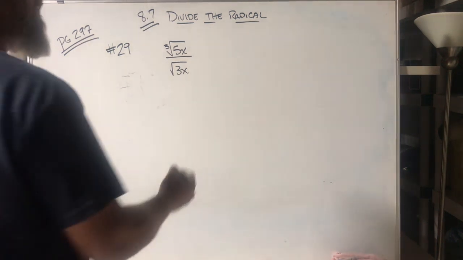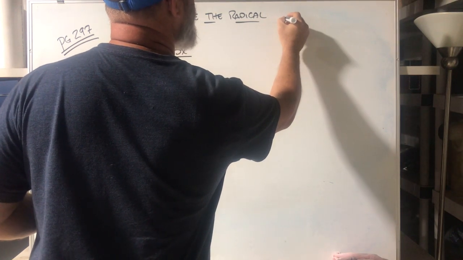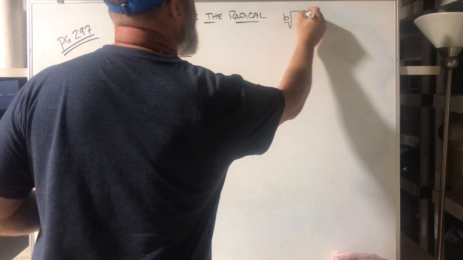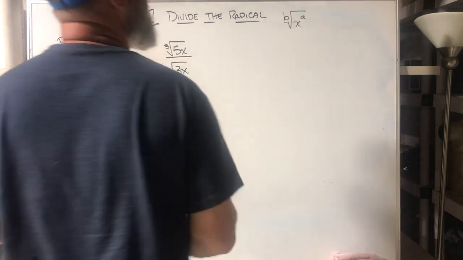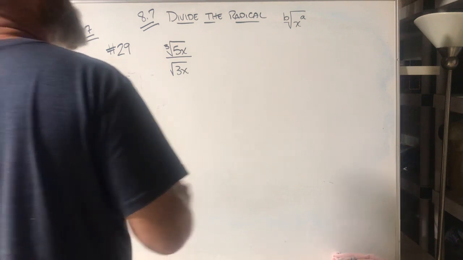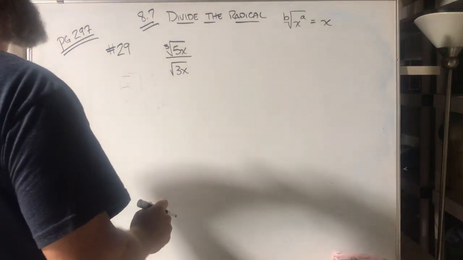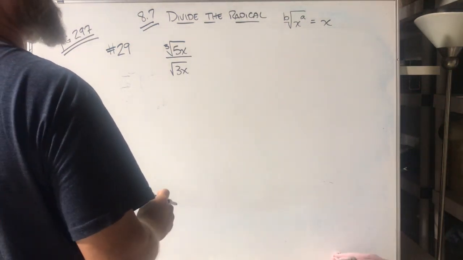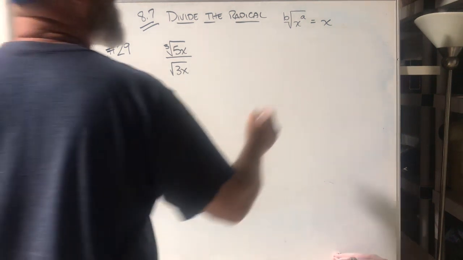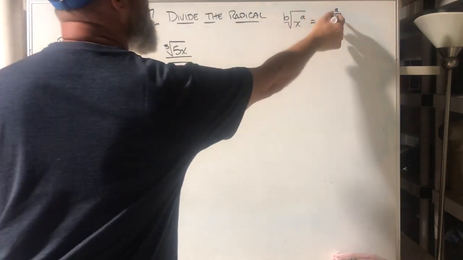And we also have to remember our rule. Our rule is if we have the bth root, the index of b, of x to the a, that equals x to the a over b, where b is the index.